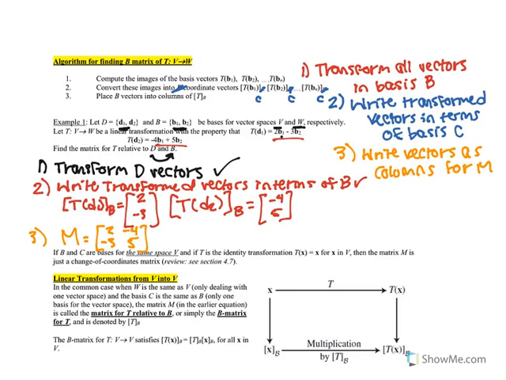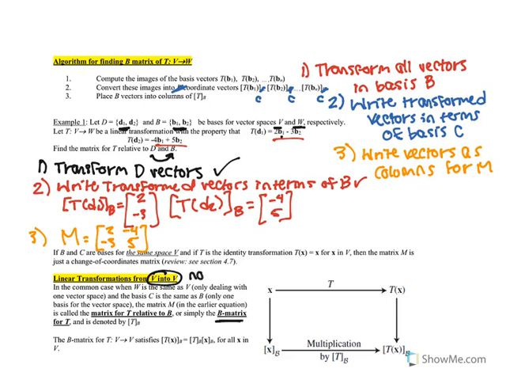Now let's simplify it down a little bit. What if we are going from the same vector space? If we don't need to change the basis, then we can go back to what we've learned before, and this phrasing is really important.